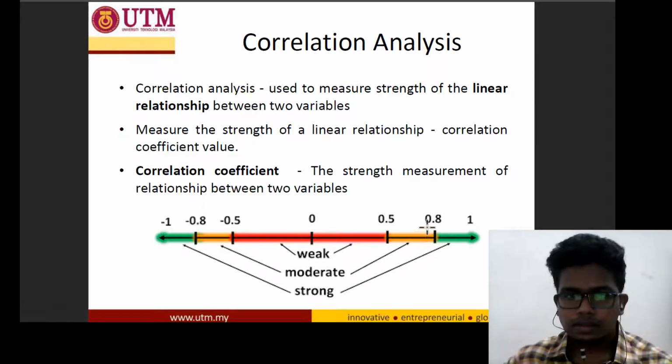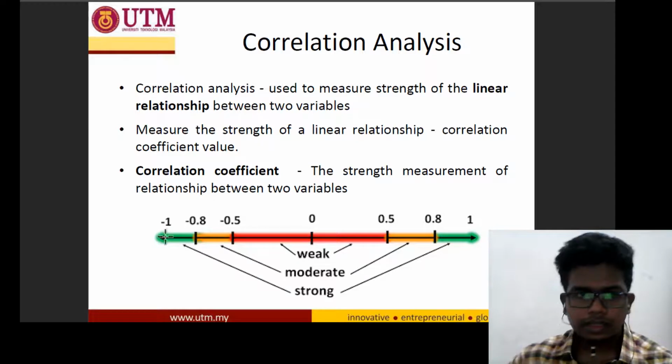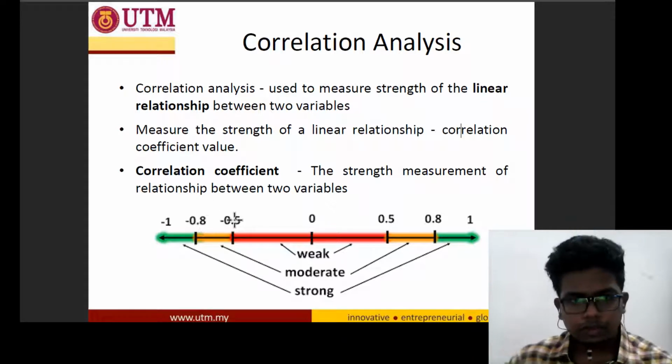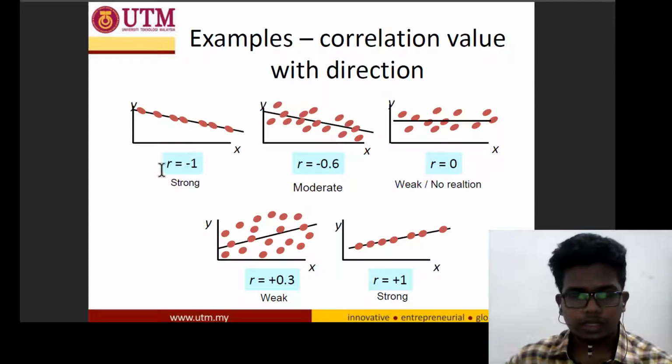And if it is between 0.5 and 0.8 or minus 0.5 to minus 0.8, then it is moderate. If it is between 0.8 and 1 or minus 0.8 to minus 1, then it is strong.